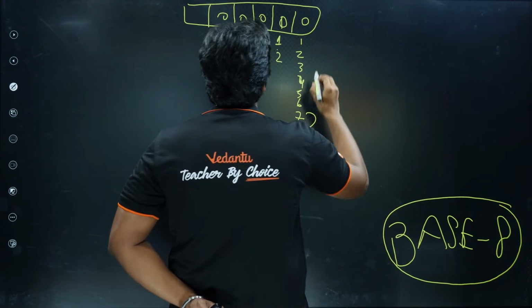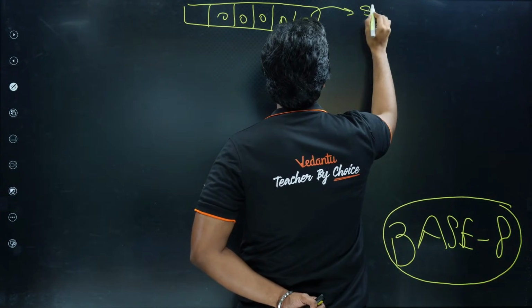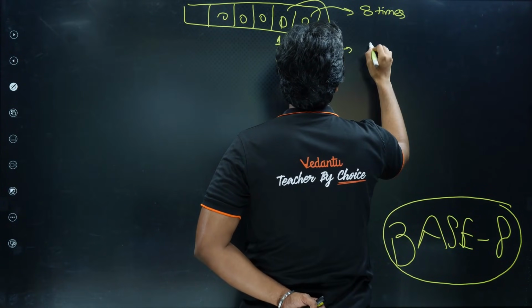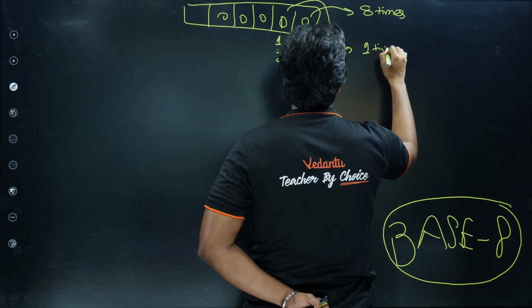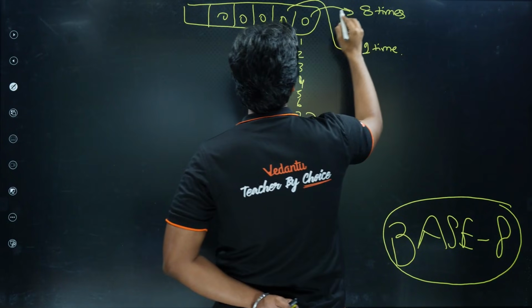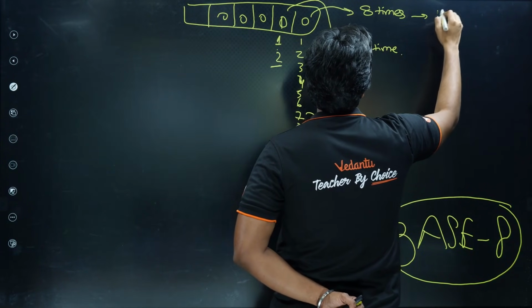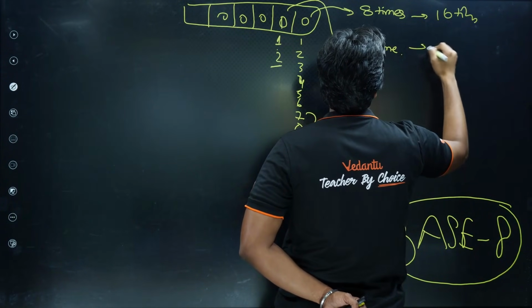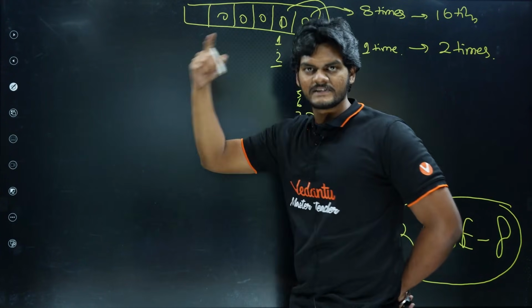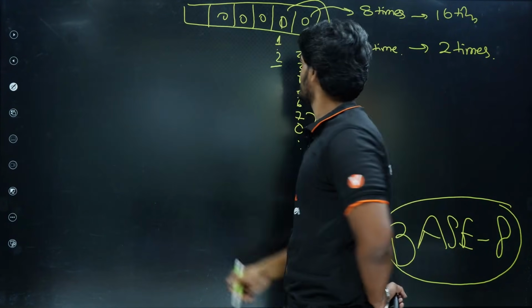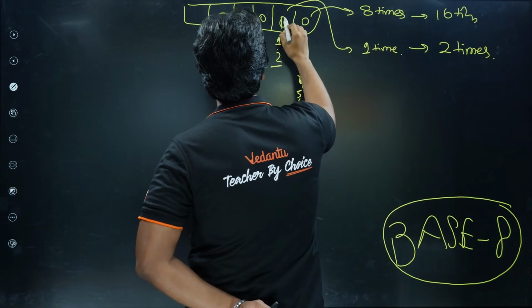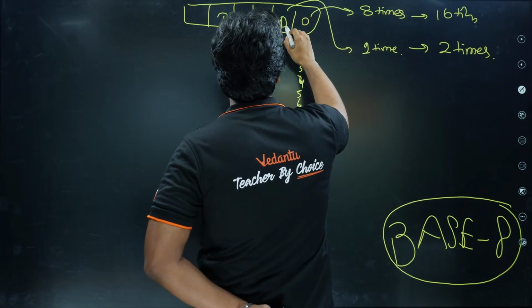So this has to revolve 8 times for this to revolve 1 time. For this to revolve 2 times, it has to revolve 16 times. Now, for this to revolve 1 time, this has to revolve 8 times.